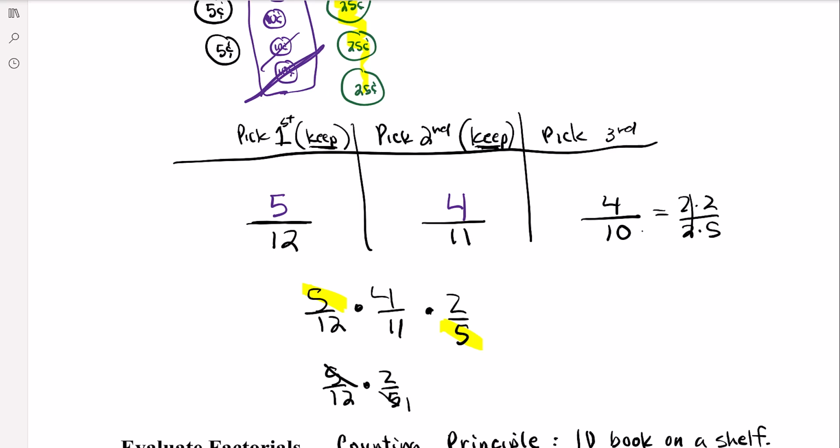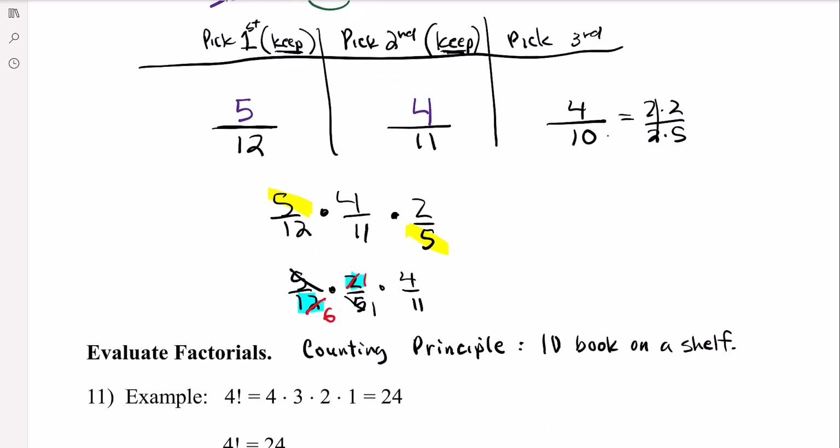Ooh, those cancel. And then this 2 and this 12 share a 2. So that's going to cancel to 1. That's going to cancel to 6.